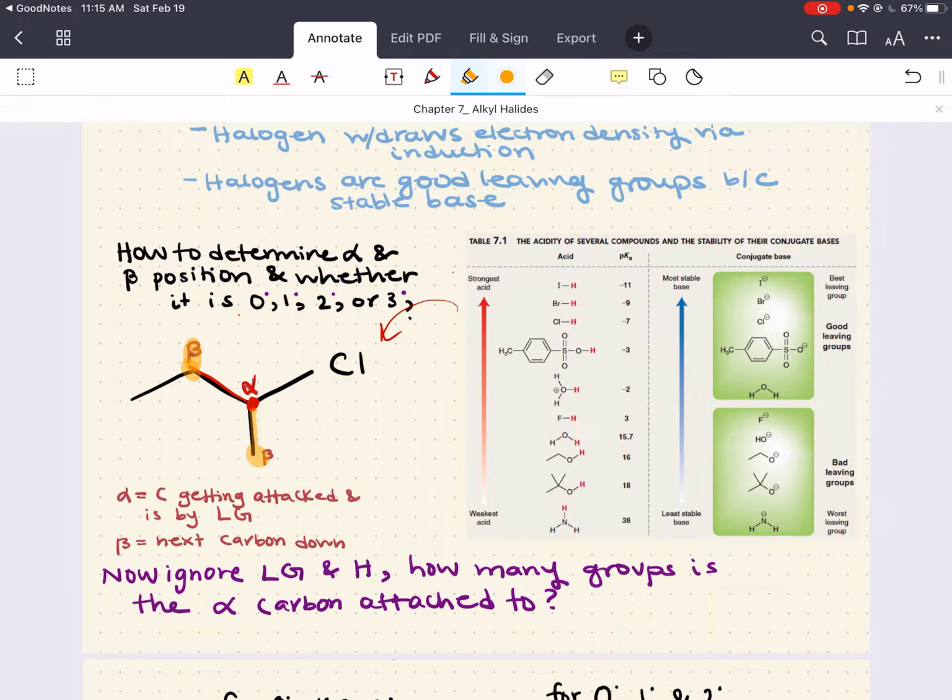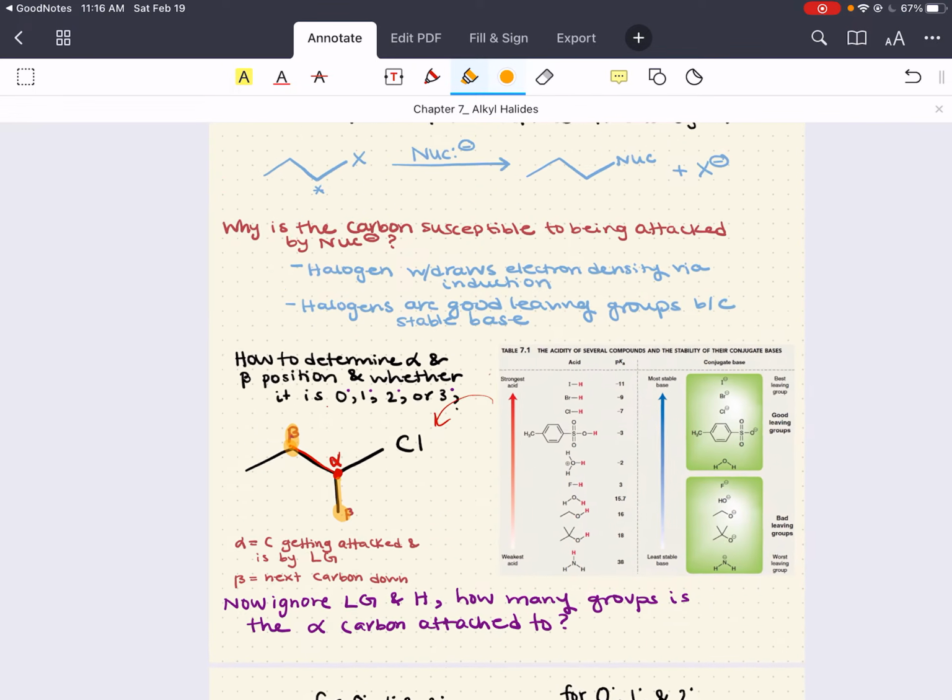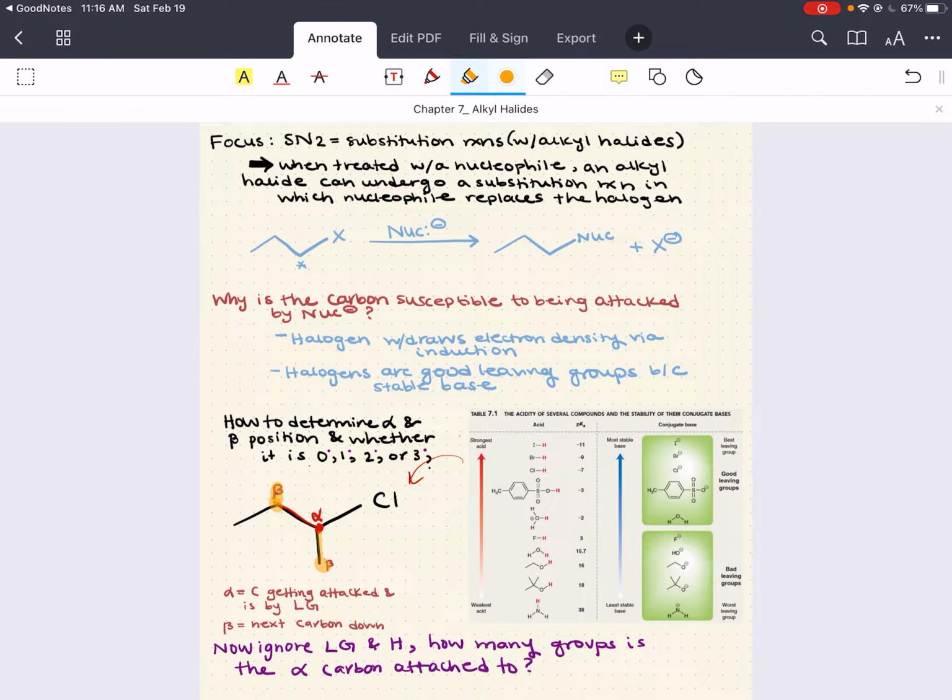Now, how many groups are attached to each carbon, not counting hydrogens, is how we assign the labels of that carbon being primary, secondary, or tertiary. So now that we have this basic information down, we've reminded ourselves what a nucleophile and an electrophile is. We know how to identify alkyl halides.